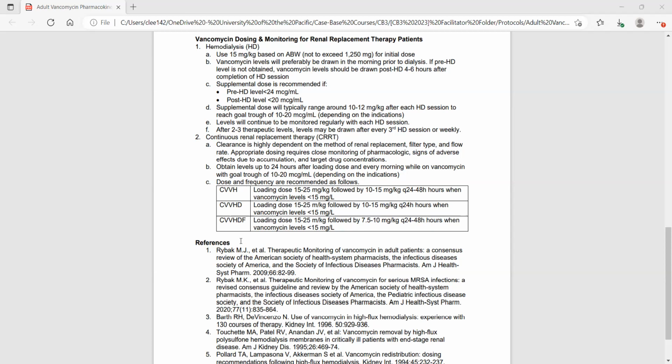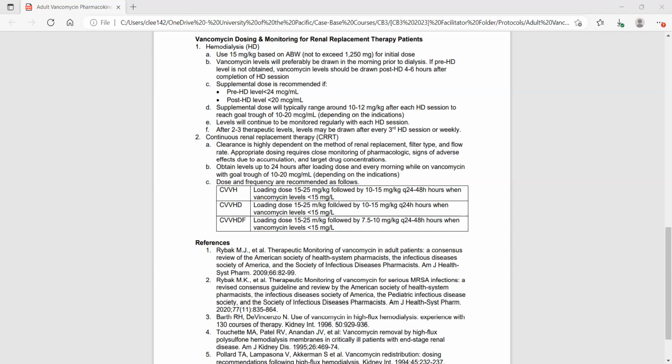The difference between these is going to be the rate of the filtration and clearance. So the higher the clearance, like for example CVVHD, usually it's faster. So you might have the same dose as CVVH, but maybe a higher dose than CVVHDF, but more frequent, like Q24 versus Q24 to 48 hours, and kind of go from there.